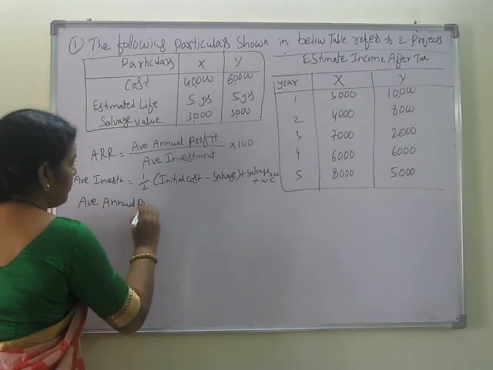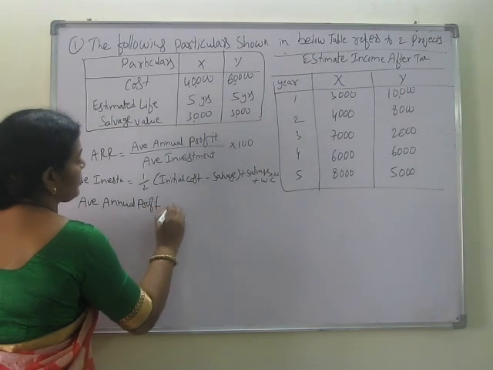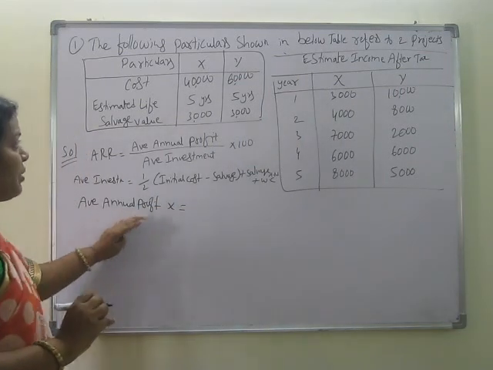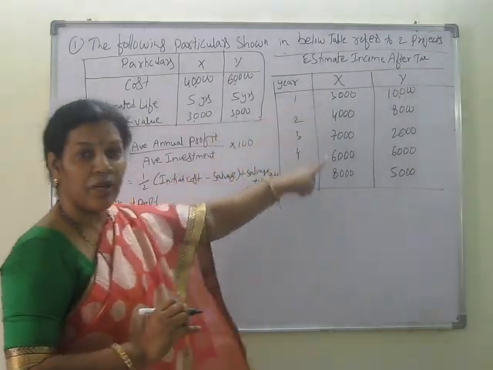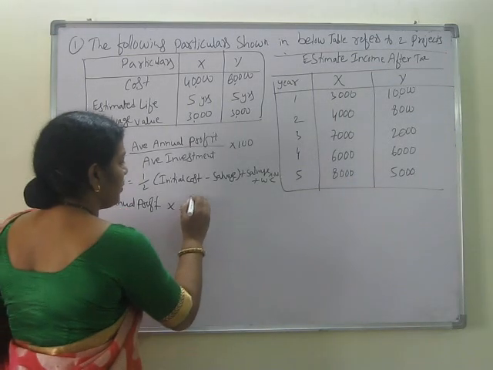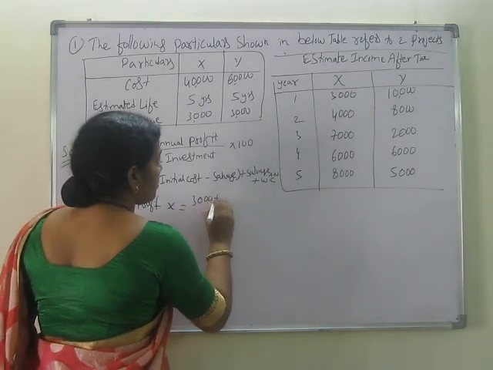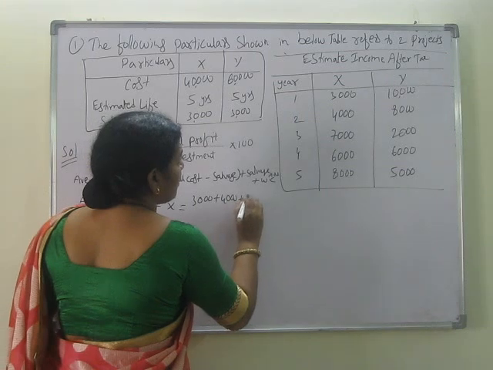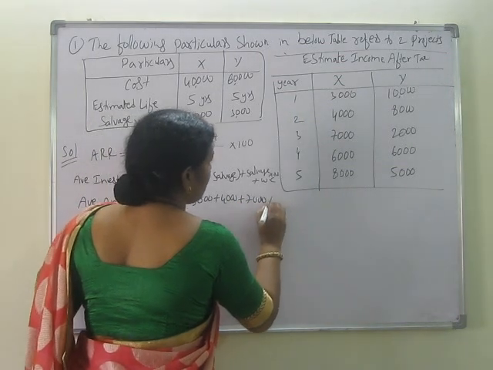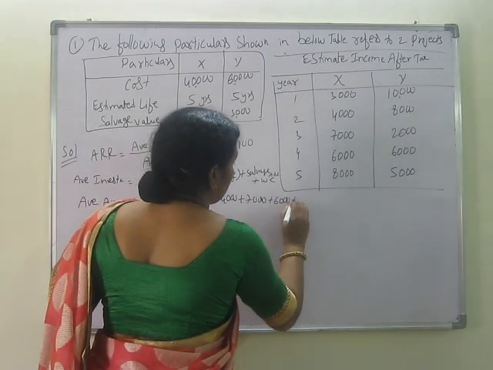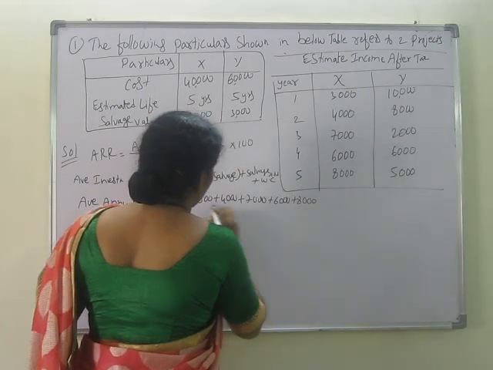Average annual profit of project X we will take. How do you get it? Add everything divided by 5. So 3,000 plus 4,000 plus 7,000 plus 6,000 plus 8,000 by 5.